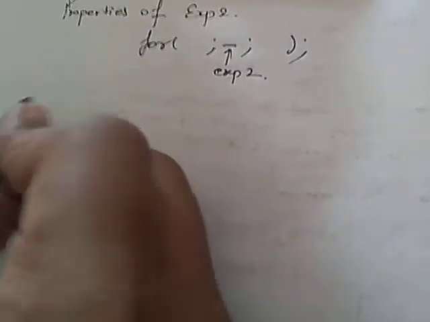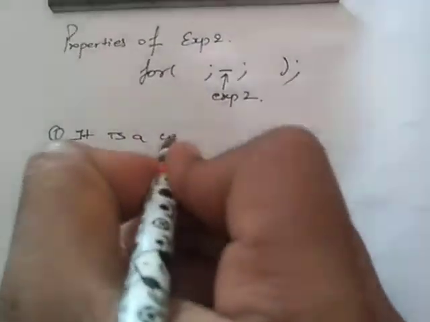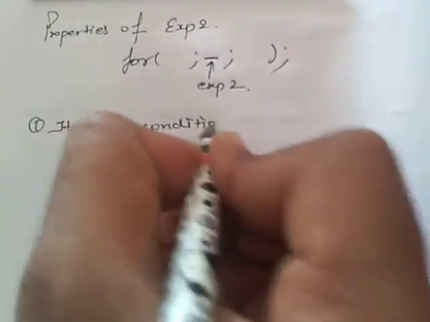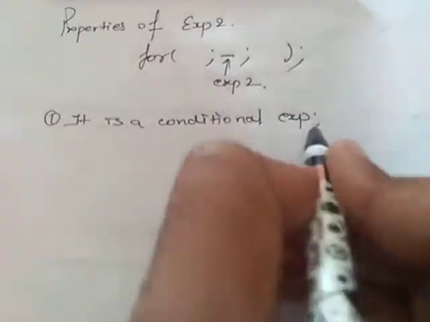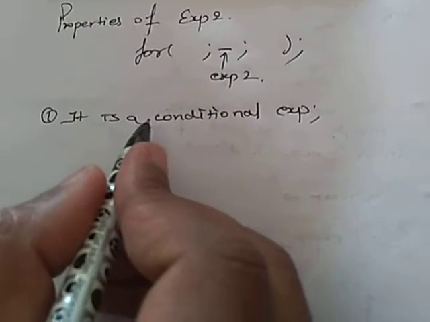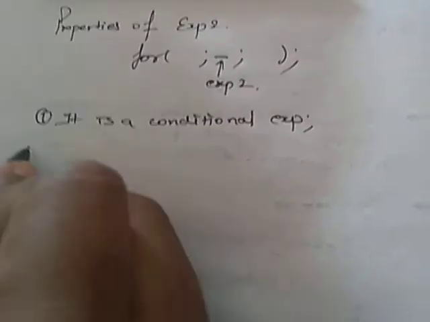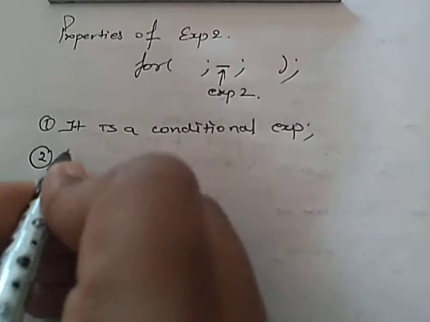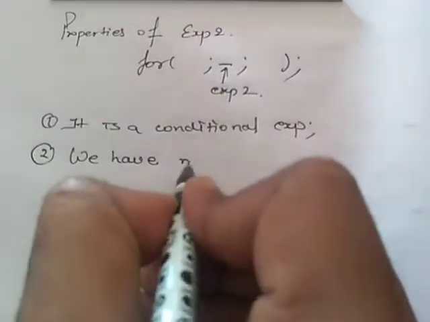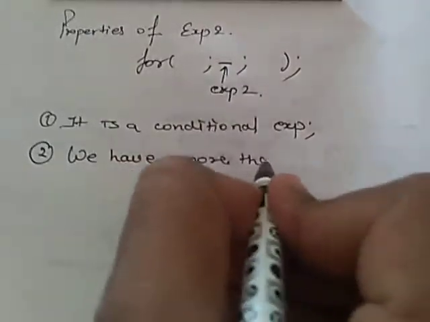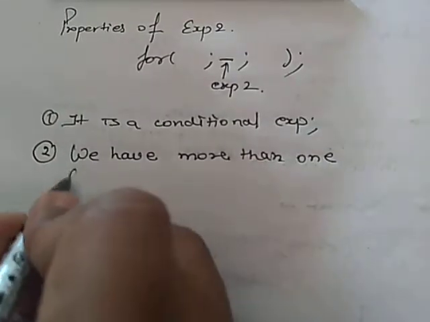Now it is a conditional expression. It checks a specific condition. If the condition is satisfied, then the loop will be executed. Now in this we can have more than one condition.